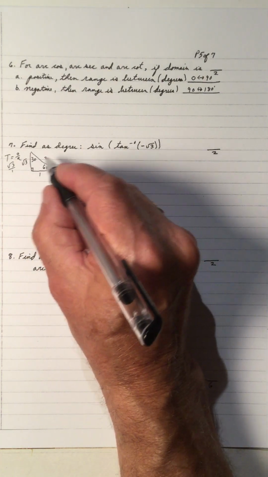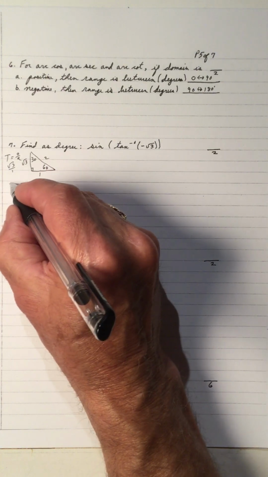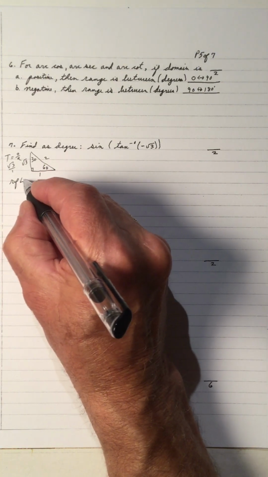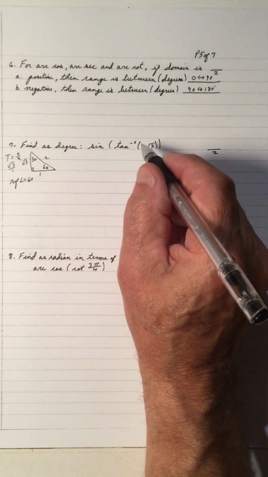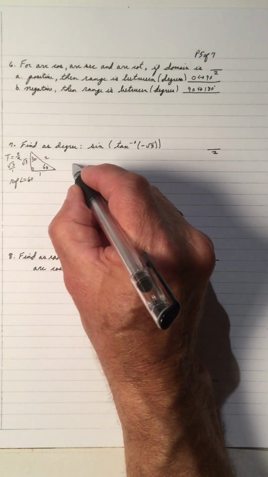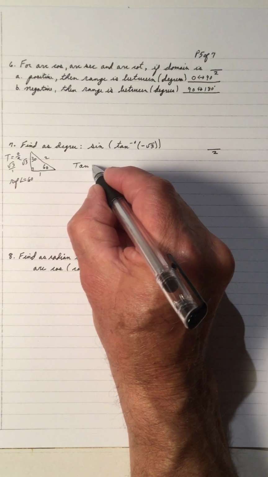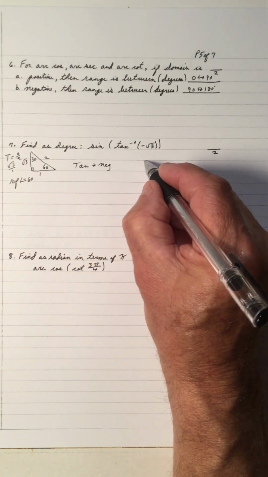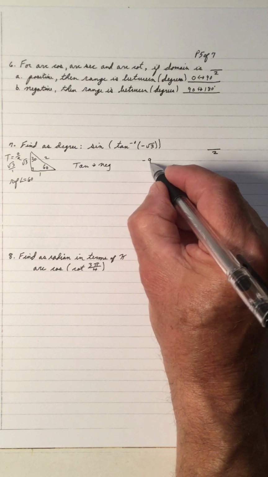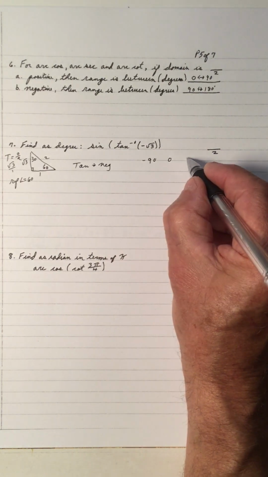So tan is opposite over adjacent, root 3. So that means the reference angle is going to be 60 degrees. And tan is negative. Since tan is negative, that means tan goes from negative 90 to 90.